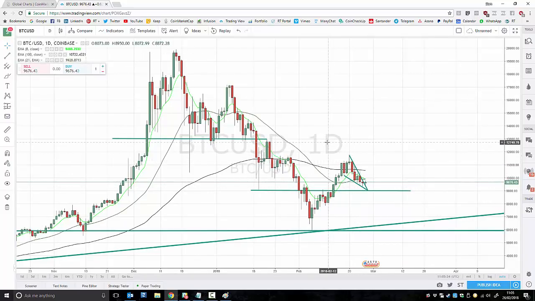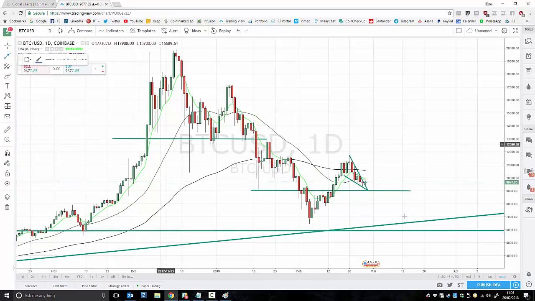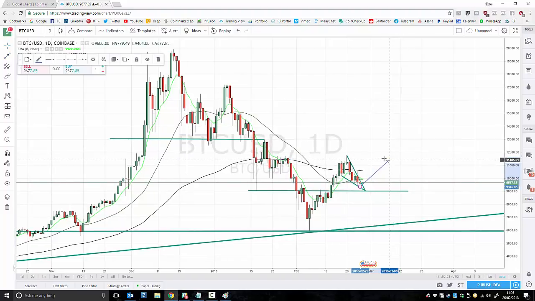Yes, there is that. I don't really look at Elliott wave because it's very subjective. But yeah, basically this is a bullish signal. So we should see an upside at least to these highs around the 11,500 level at the very least in a relatively short period of time.